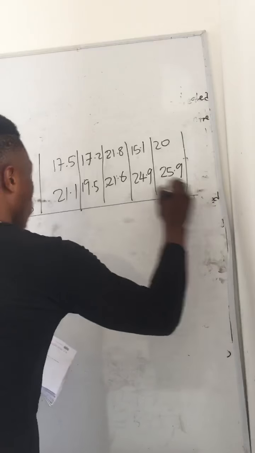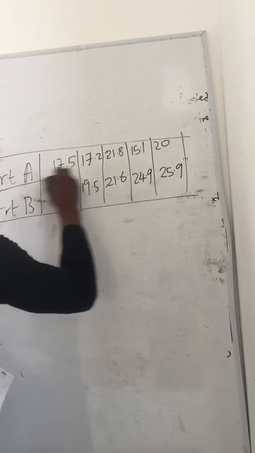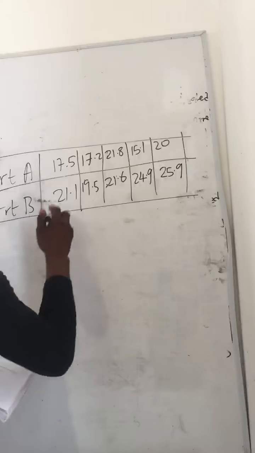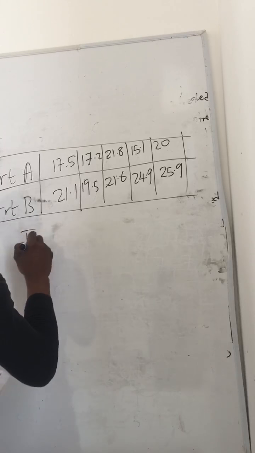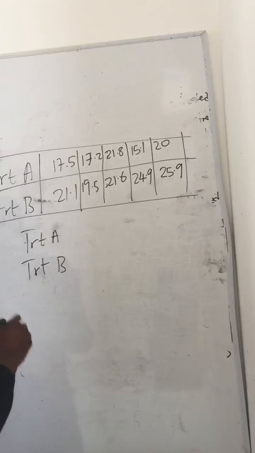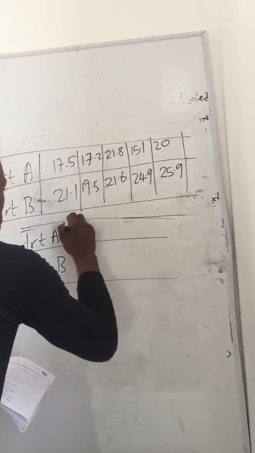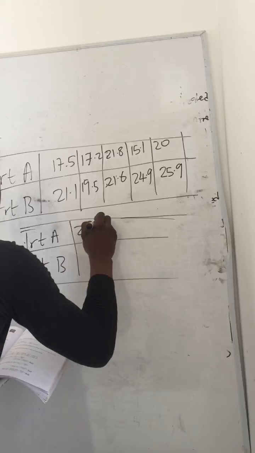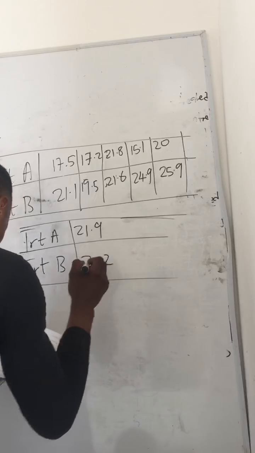Okay, so we'll continue here. You have 1, 2, 3, 4, 5, so you have 3 more to go. We are continuing down here with treatment A and treatment B. So we have 21.9 and 30.2.